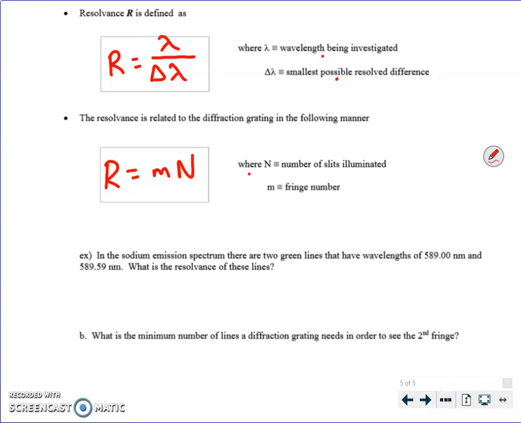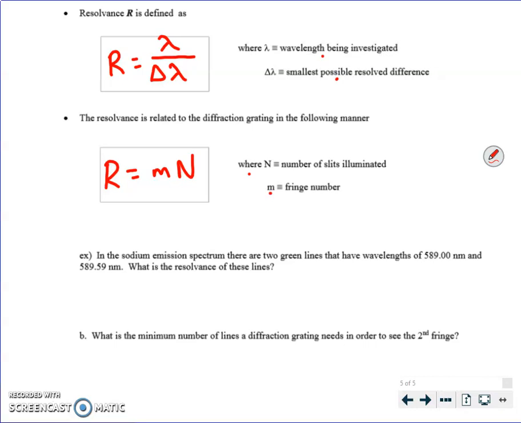So if we had a diffraction grating in the lab that had 10,000 lines per centimeter, maybe it was millimeter, and the grating was 1 centimeter across, that's quite a few lines, and we have to make sure they're illuminated. And then m is whatever fringe number we're looking at.